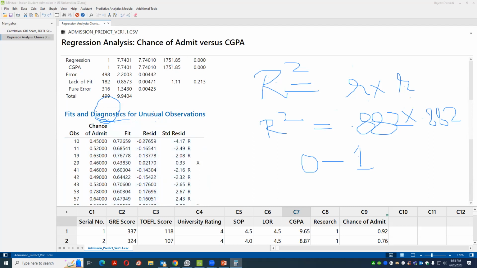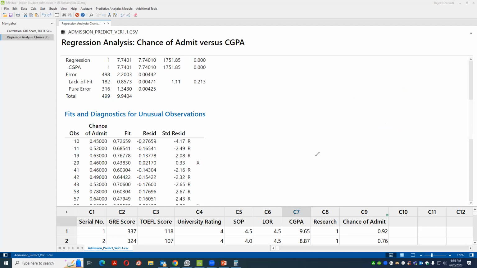So what are these? I'm going to explain. Look into this. Let's say this is our X and this is our Y. Let's say this is a model. So this is the fit model line.